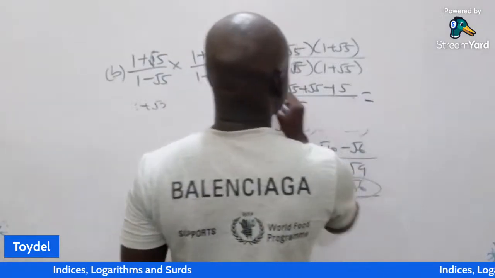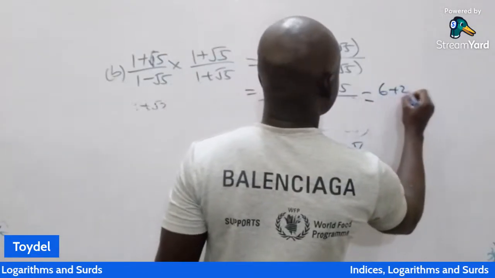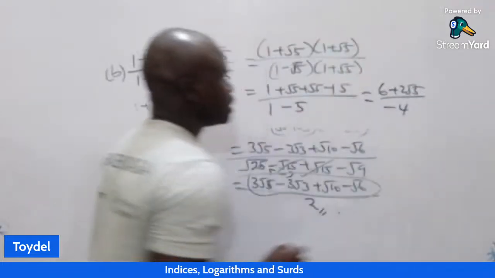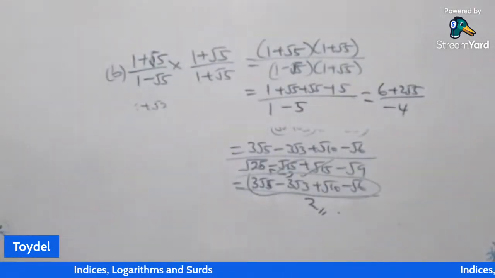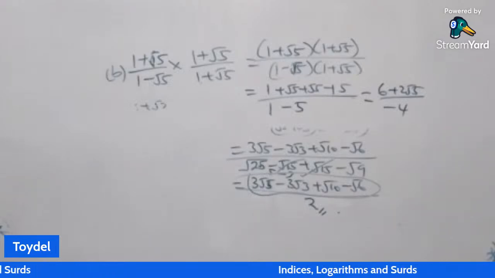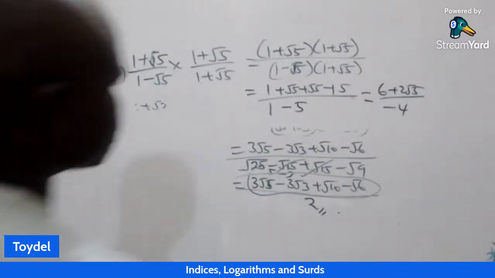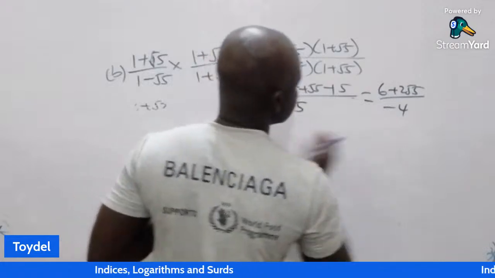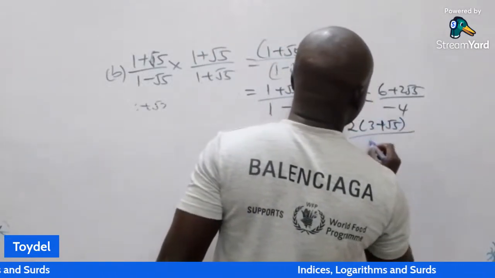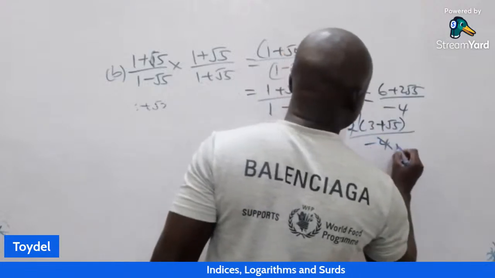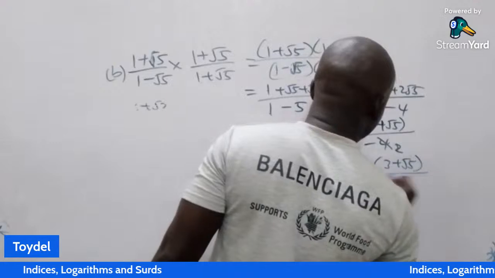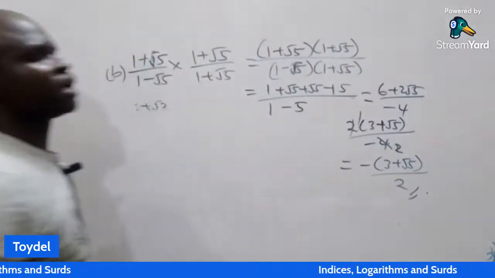So at the end of the day, I'm going to have 6 plus 2 root 5 all over 1 minus 5, which is minus 4. Then 2 is common; we can bring out 2. So we have 2 into bracket 3 plus root 5 all over minus 4. Here 1, here 2. So the final answer will be minus 3 plus root 5 all over 2. That will be the final answer.